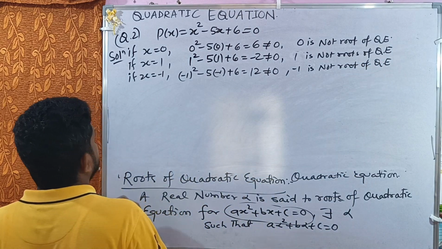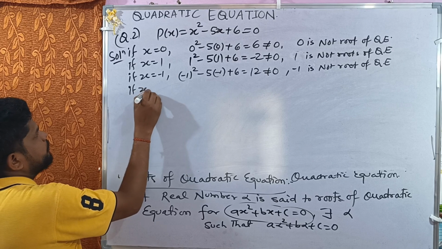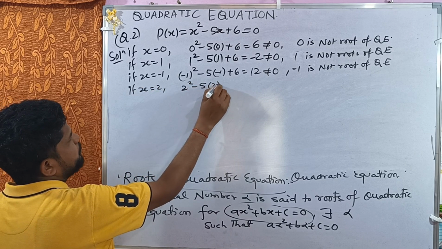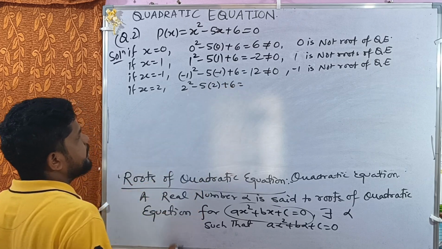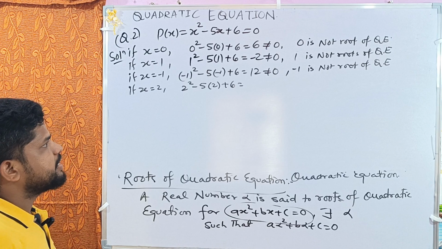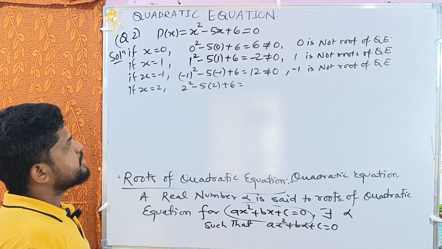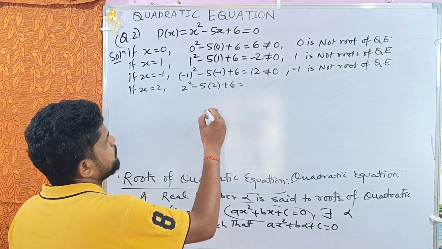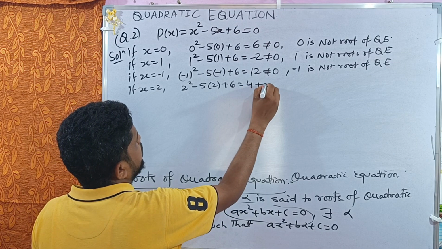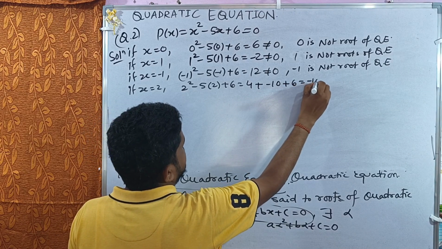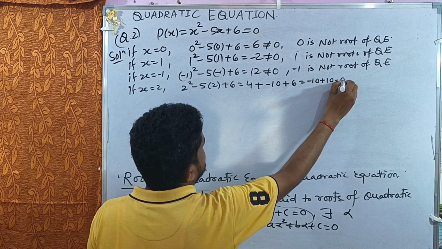If I put x equals 2, I will get 2 square minus 5 into 2 plus 6. Here 2 square is 4, minus 5 into 2 is minus 10, plus 6. So 4 plus 6 is 10, and minus 10, which is equal to 0.